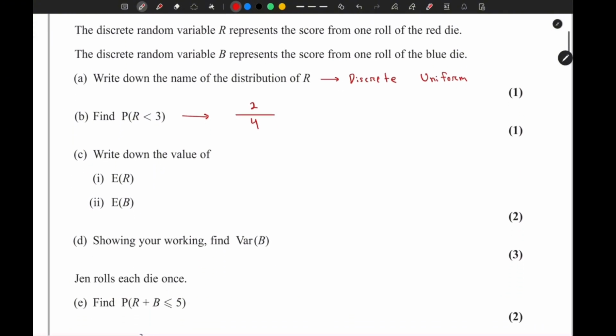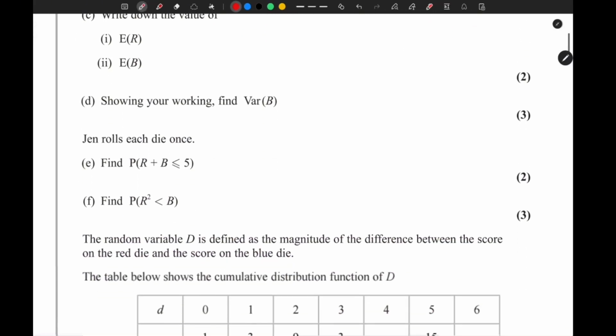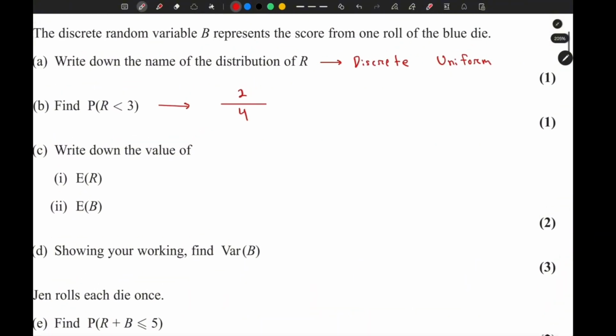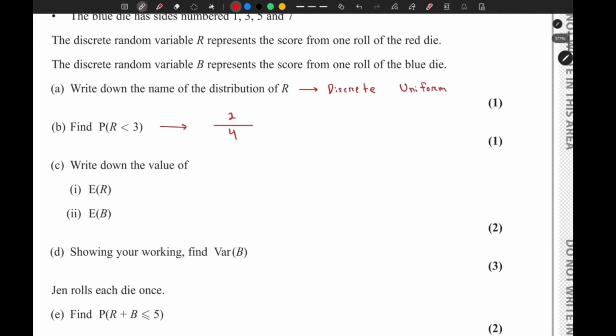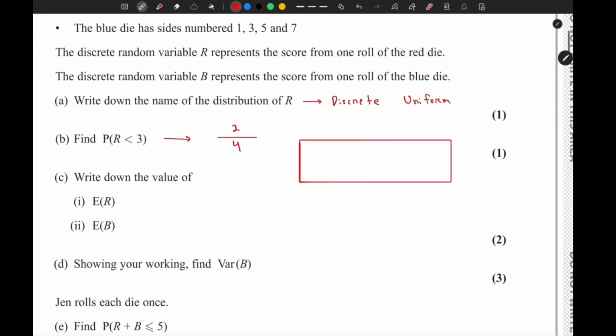Now for the next part, we need to write down the expected value of R and the expected value of B. For that, it's better if we draw the probability distribution table for both of these. So let's first draw the probability distribution table for the red die.